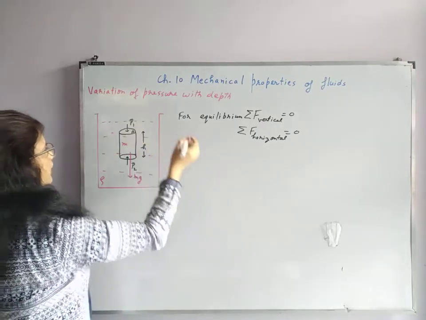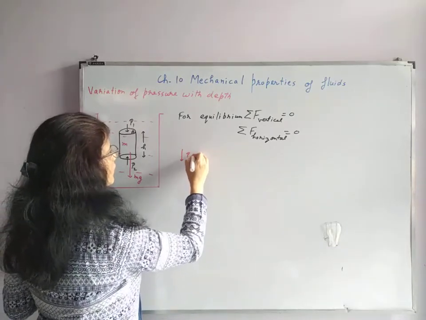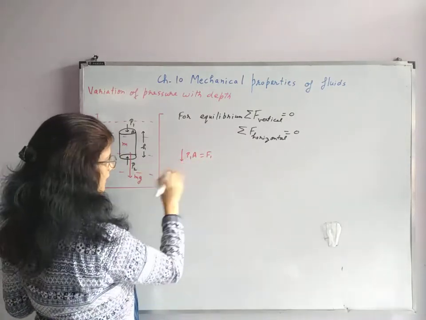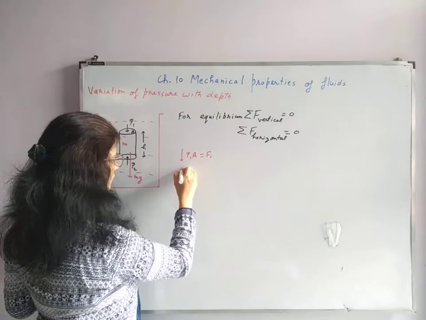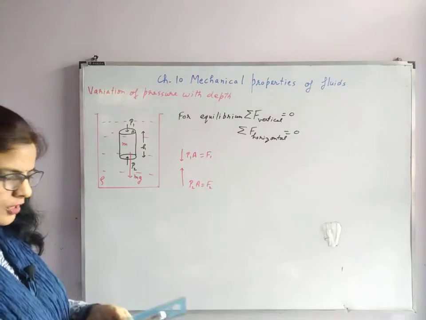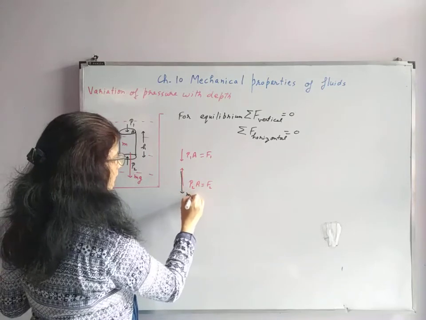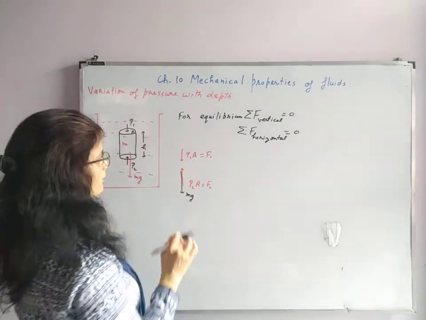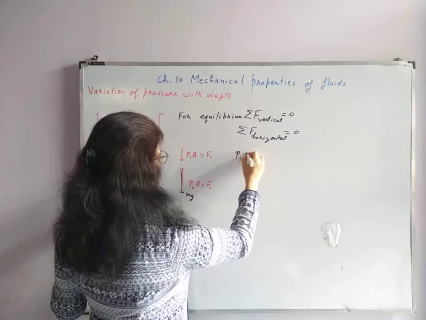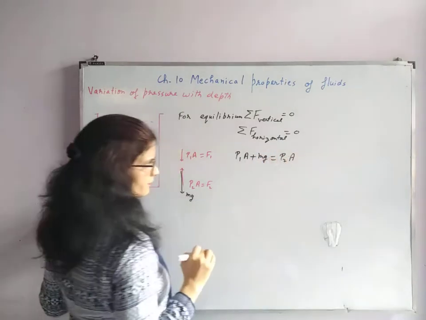So P1 into A is equal to F1, acting at this upper lid, and on the lower lid P2 into A, that is F2, is acting here. And what is the weight? Weight is acting downwards. So for vertical equilibrium, we know that net downward force, that P1A plus mg, is equal to P2A, right?